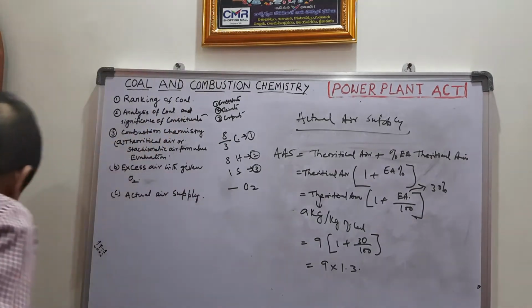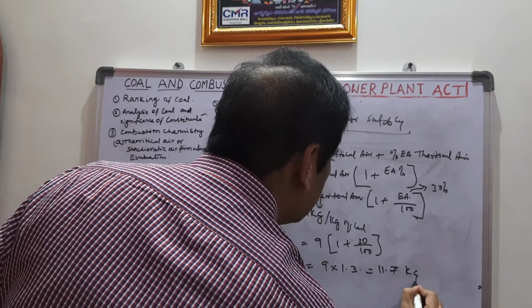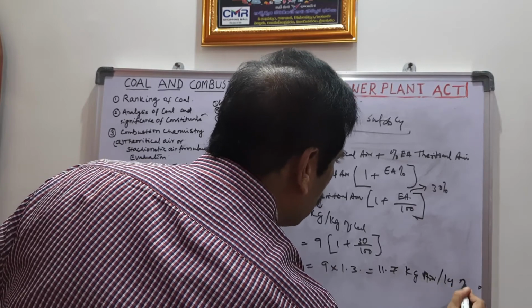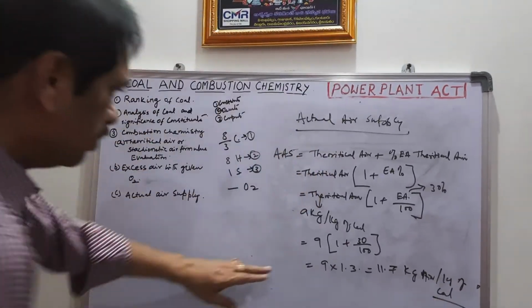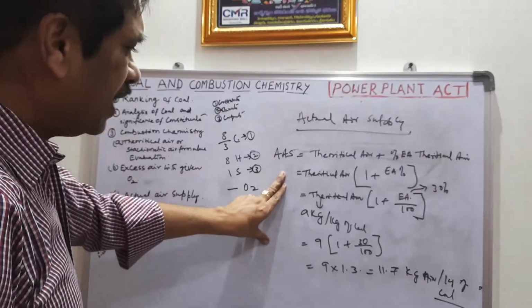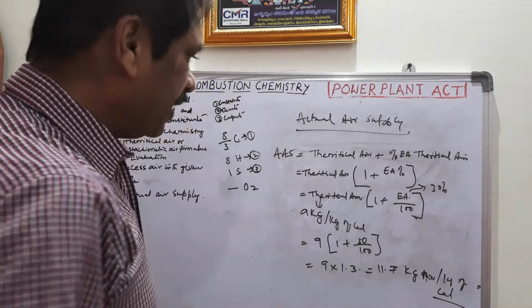This is 11.7 kg air per kg of coal. In this way you can find out the actual air supply, that is, how much total air quantity is needed, can be calculated.